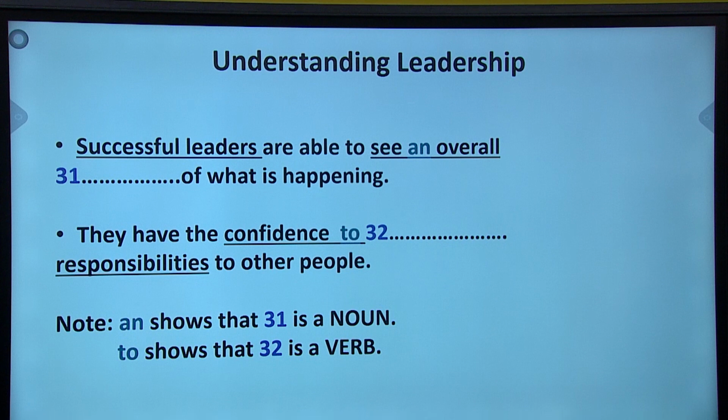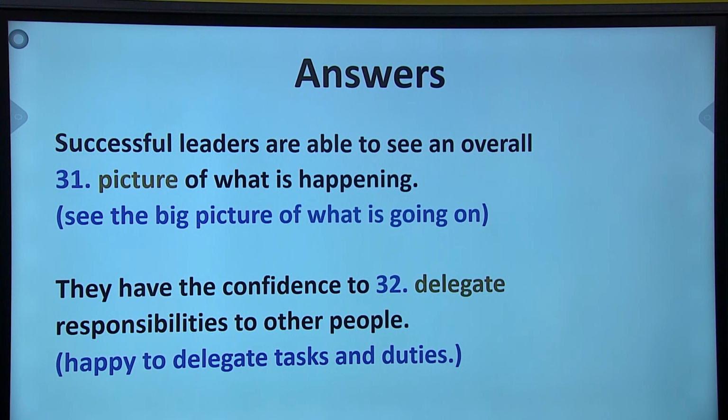Okay, so that is your listening text or your audio, and let's see if you got the correct answer. So, successful leaders are able to see an overall picture. Number 31 should be picture, because the text or the audio said they see the big picture. Same thing as saying they are able to see an overall picture. It's the same meaning, okay?